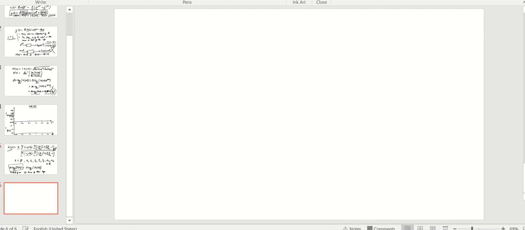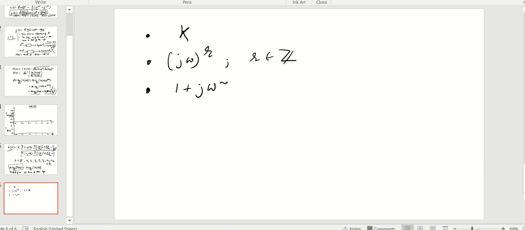So carrying that thought forward, what sort of building blocks are we now looking at? Terms like K, terms like (jω)^r, where r is an integer, terms like (1 + jωτ)^(±1). So it's a +1 if it's a zero, it's a -1 if it's a pole.